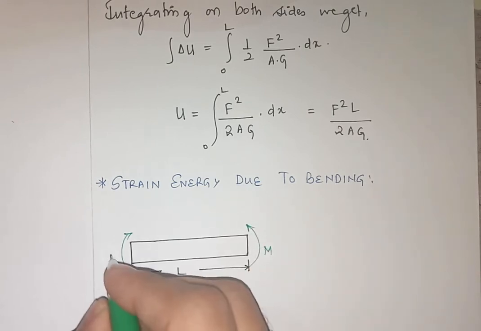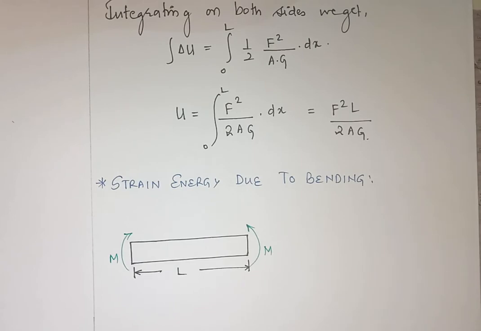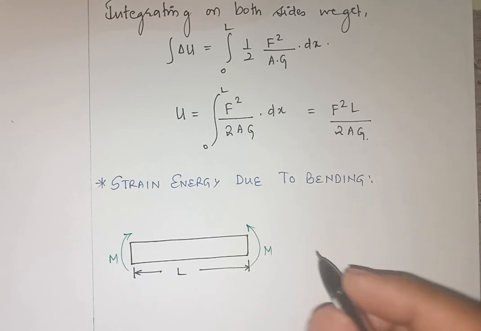Right. Now, in order to derive things initially, I'll be considering an element in this beam. Say its length is dx. Right. Consider an element in the beam whose length is dx.